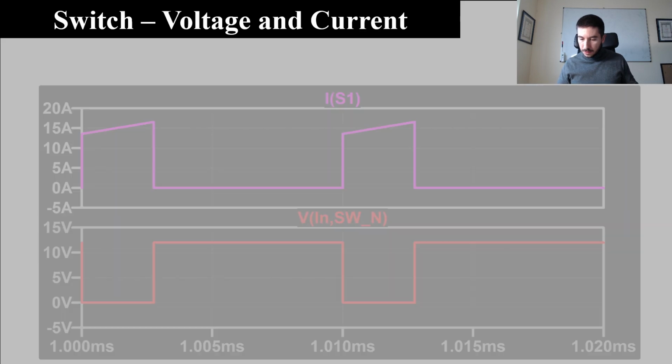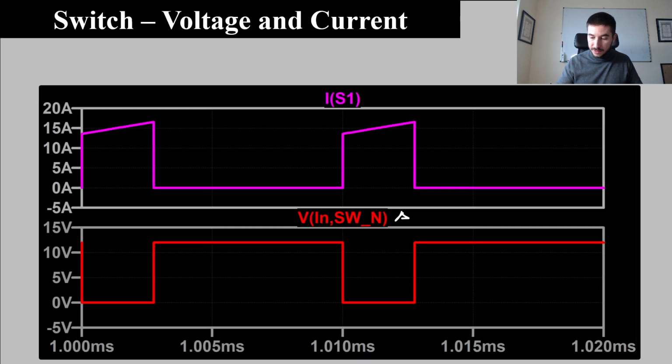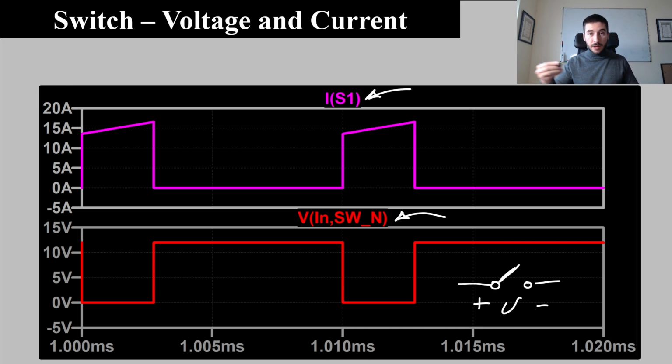Well, more things. Now here we have the same waveform of the previous slide, so it's the voltage across the switch, and this one is the current through the switch that we evaluate in this way. So remember, here the switch is on, here the switch is off, on and off.